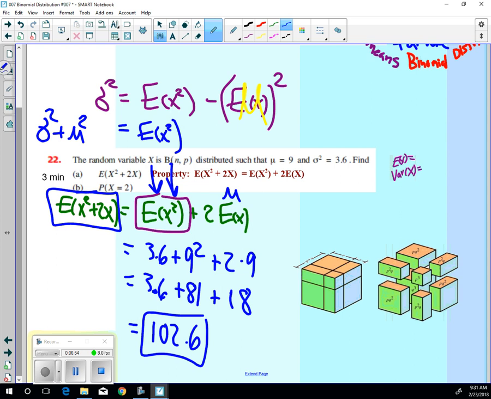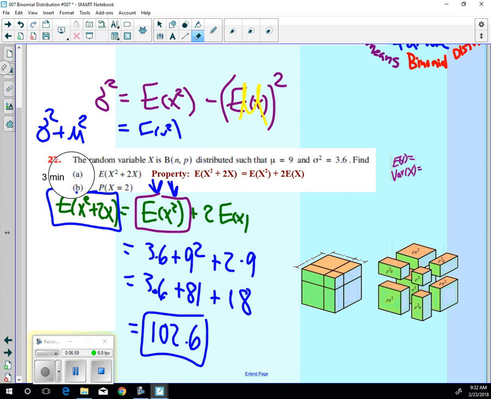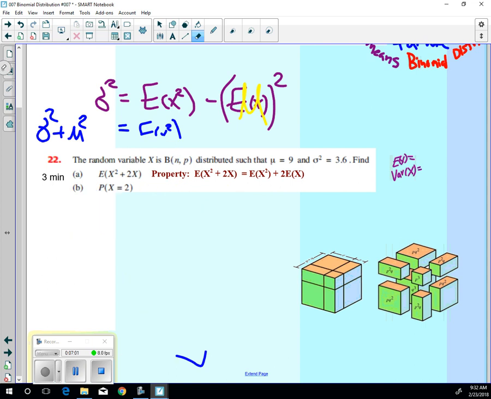found this. Go. All right, so continuing on, we are not done yet. You got the 102.6. That is E of x squared plus 2x. But now what we want to do is find the probability of x equal to 2.